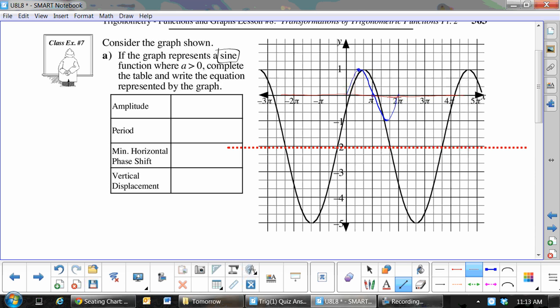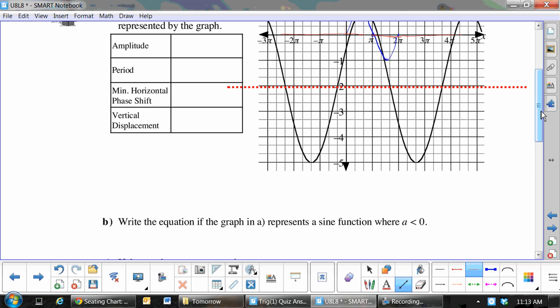So first of all, what would be my vertical stretch? What would it be? So you can look from the midline what it was at the beginning and now at the end. What's the vertical stretch? Just yell it out.